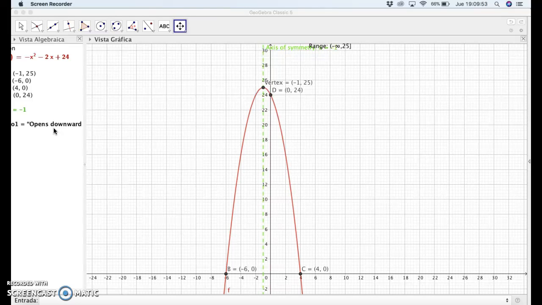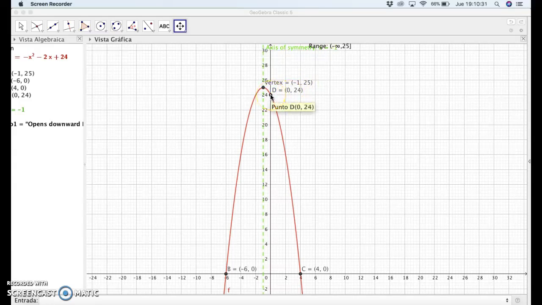The only thing you need to do is substitute this minus 1 into the function with x equals minus 1. So it would be minus 1 squared minus 2 times minus 1 plus 24, and that is equal to 25.